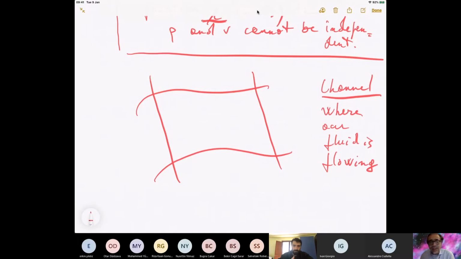Actually, this formula is true also for a solid. So this is useful in the mechanics of fluids, but it is true also in the mechanics of solids. And what we will try to write is a relationship between the field V of x and t and the field rho of small x and t.